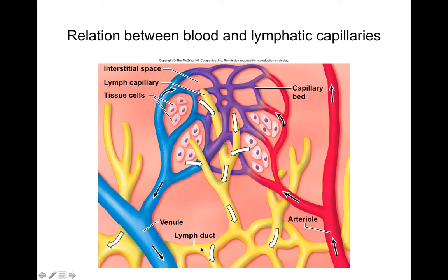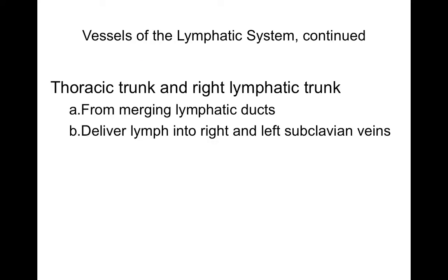And then eventually the lymph will be sent to lymph nodes, and then after it's been filtered by the lymph node, it'll be sent back to the veins. The lymphatic ducts are going to deliver lymph into the right and left subclavian veins, and this will help get the purified lymph back into the blood.